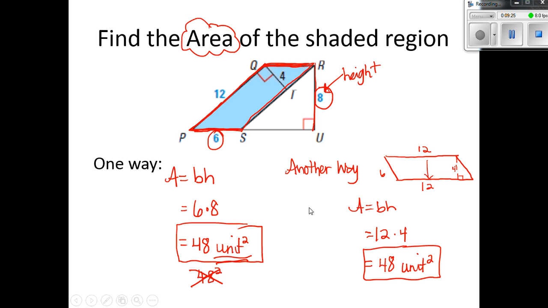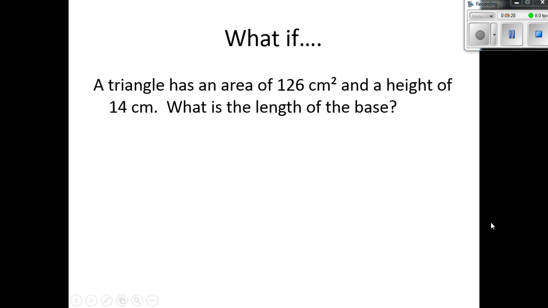Okay. So now let's do another example. Now what if I give you the area and I want you to find a length? So a triangle has an area of 126 centimeters squared and a height of 14 centimeters. What is the length of the base?